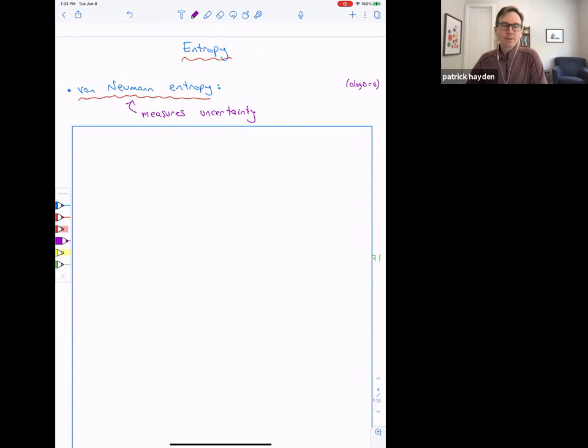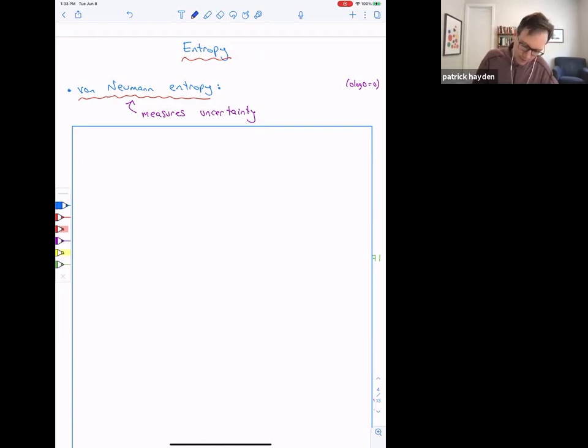We're also going to ultimately talk about information. But to understand what information is, first you have to quantify uncertainty, because somehow information is whatever reduces uncertainty. The gold standard measure of uncertainty, in many ways the best one for a huge number of different reasons, is this von Neumann entropy.